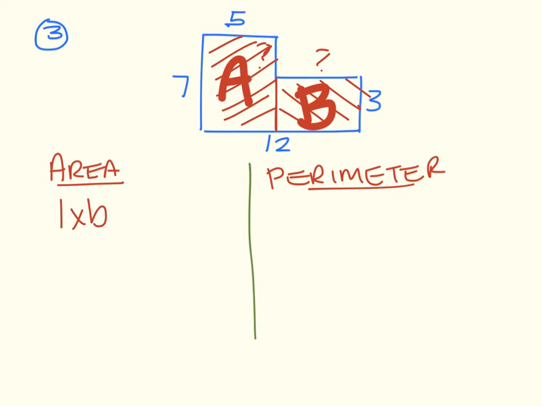Length times breadth. So do that for rectangle A, repeat the process for rectangle B, and then add them together for your total area. The perimeter should be easy now that you've worked out all 6 sides, because we just do this side, add this side, add this one, this one, this one, and then lastly back to the start for the perimeter.